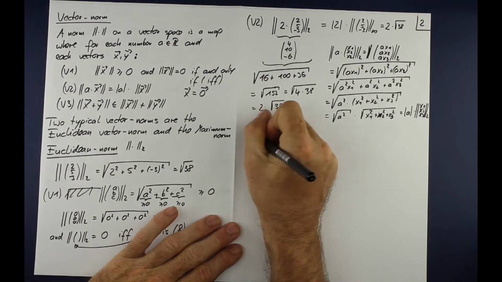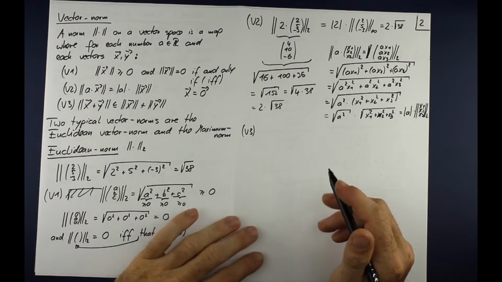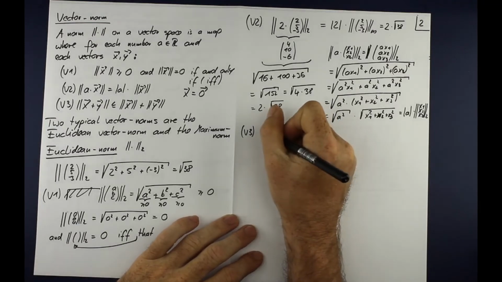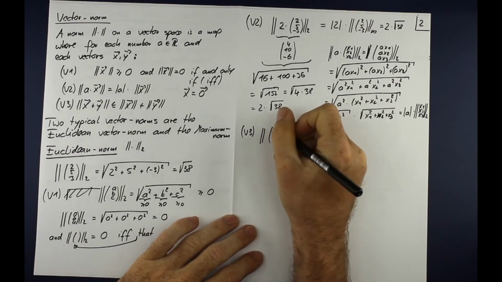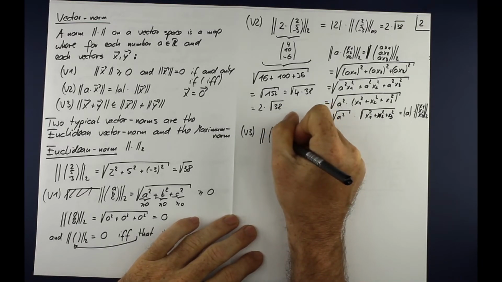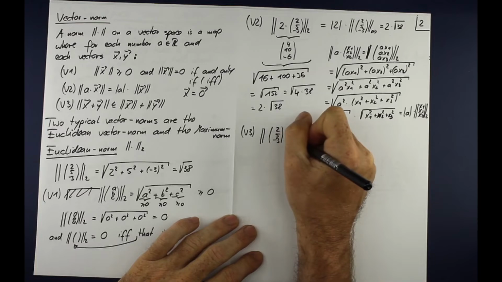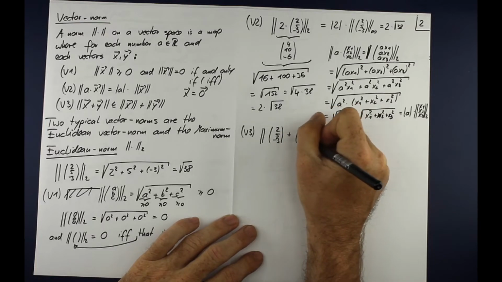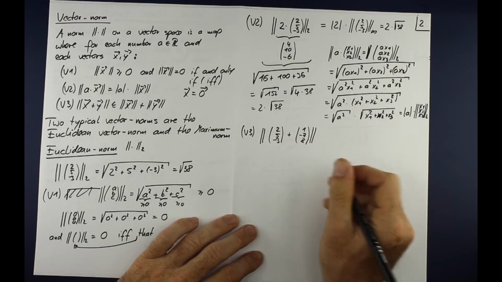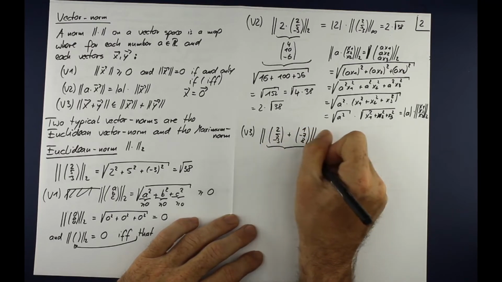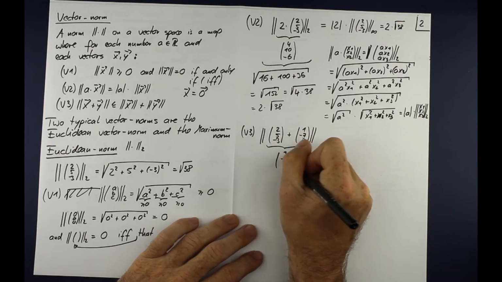And now V3, please give me an example. Please give me 2 vectors, and maybe you give me 2, 5, minus 3 plus 1, minus 7, 8. And now let's check. Here the result is 3, minus 2, 5.